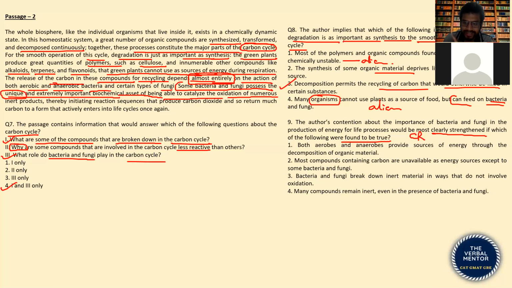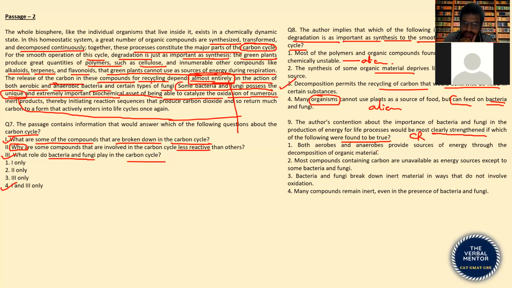This expression almost entirely tells us that if these bacteria and fungi are not present, probably the process would not be possible. Unique word reaffirms that idea. They possess a unique property, which means other organisms, microorganisms do not have this property.